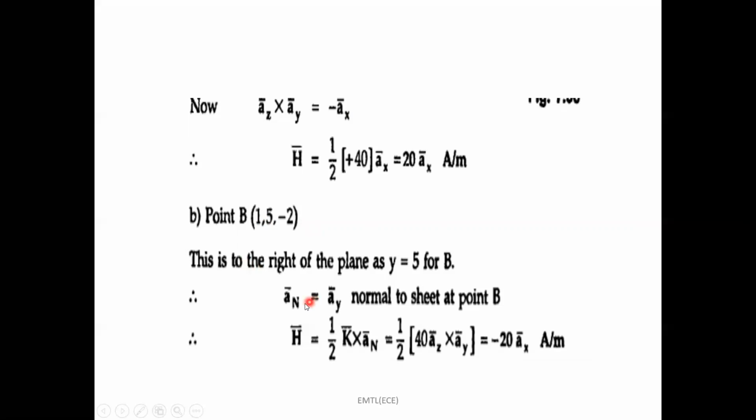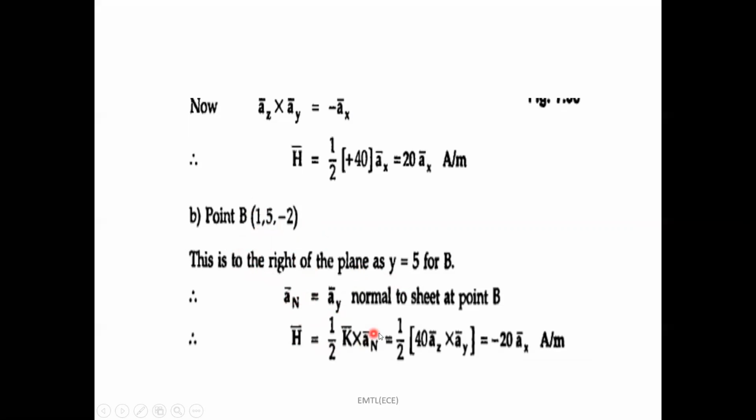Now we have to find the magnetic field intensity at the point B (1, 5, minus 2). Here the y coordinate is 5, which is to the right of the plane, so the normal is along the AY direction.